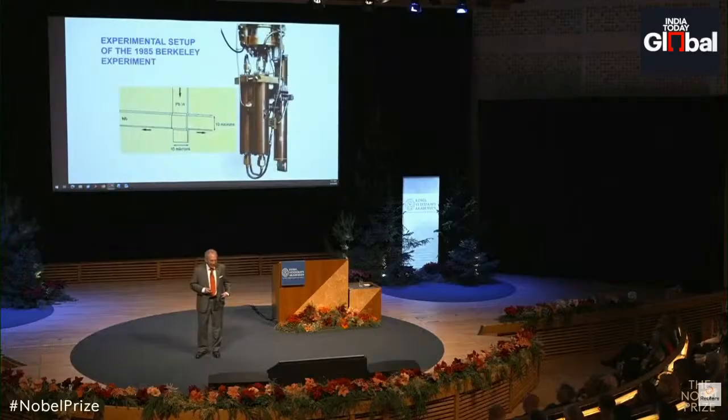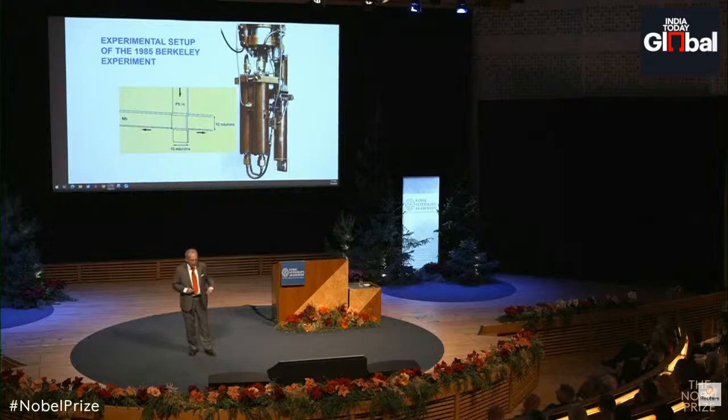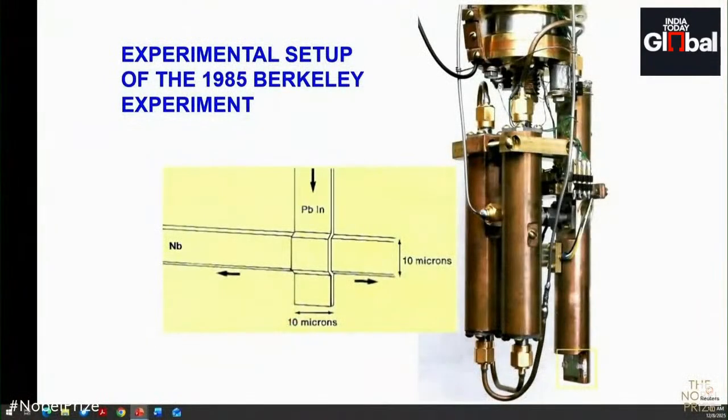Okay. Now, John has shown a photo of our experiment. In this yellow box, we show exactly the shape of the junction.